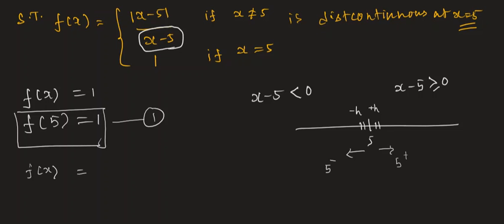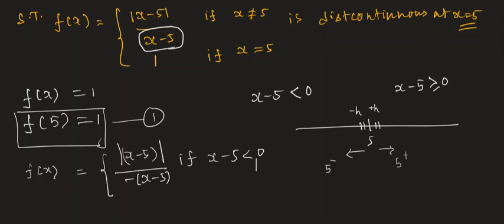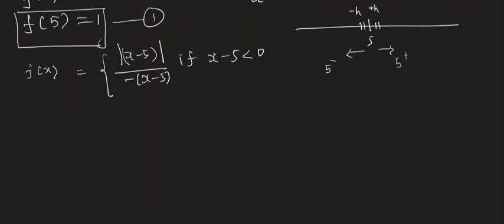Now, let us consider the function f of x. Here it is minus of x minus 5, because x minus 5 is negative, so that is why I have taken it here.